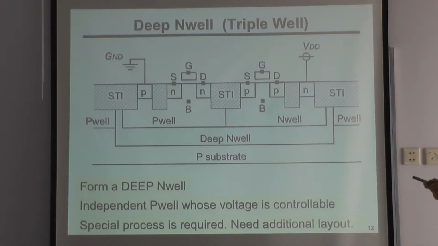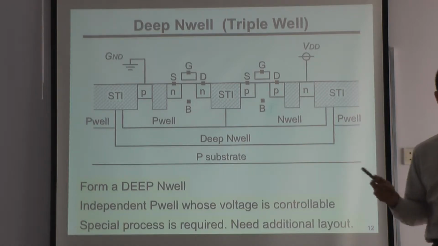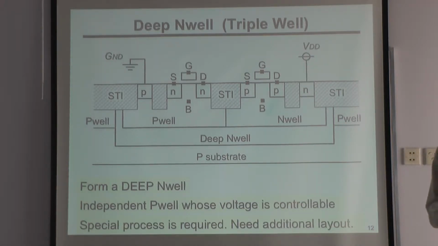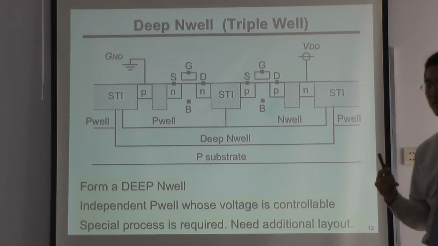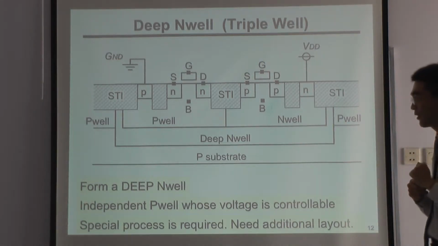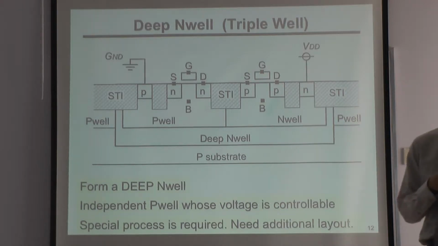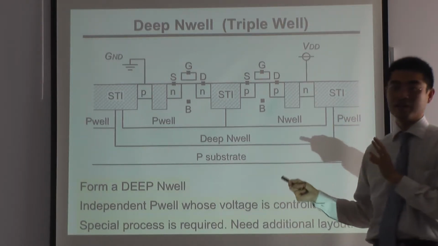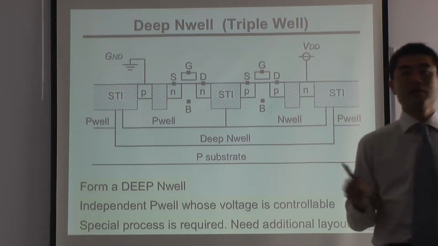So by using this deep N well, we can control this body bias as well. But we need a special process, so we need additional layout, and it's a little bit troublesome, and it makes some kind of mistake. So as far as it is possible, we want to avoid using deep N well. We just want to use PL anyway.